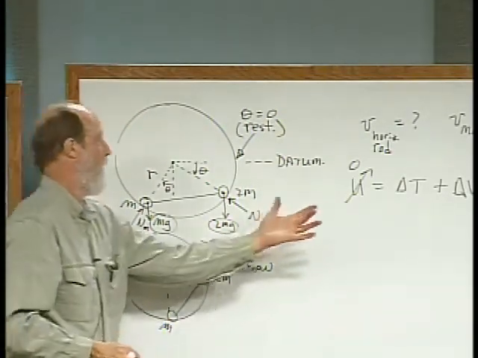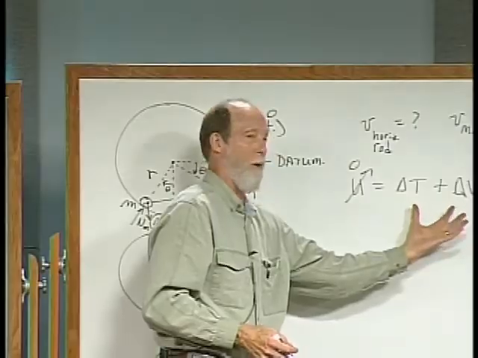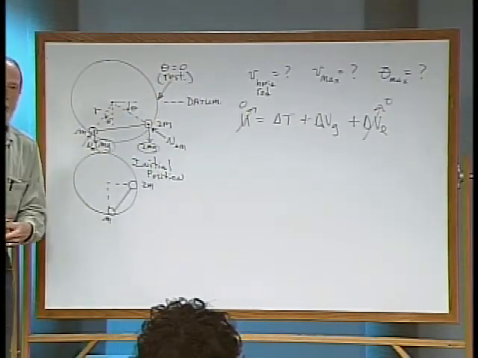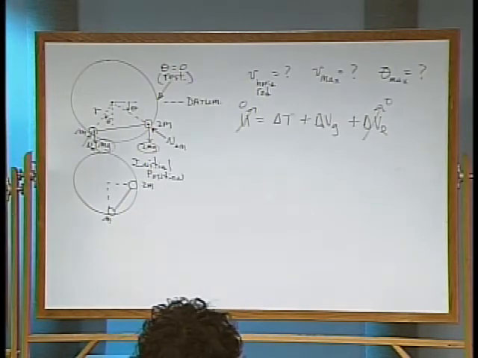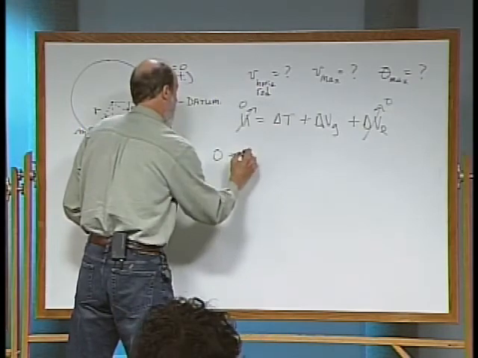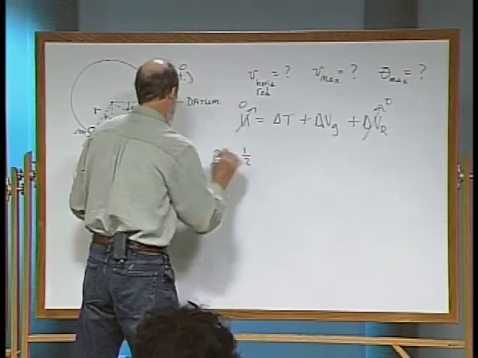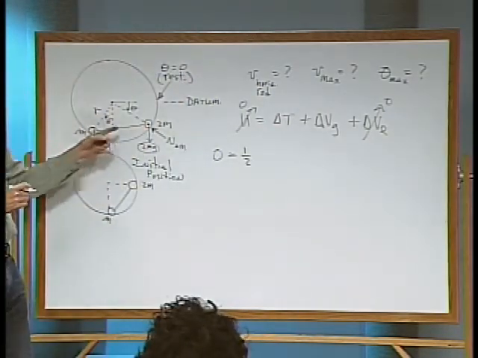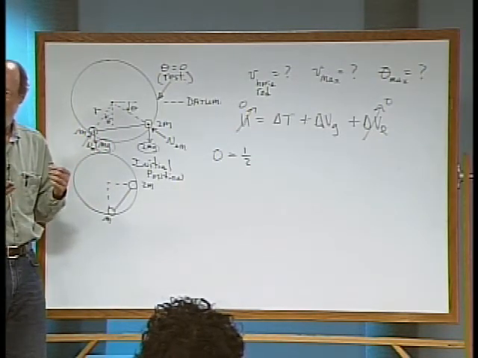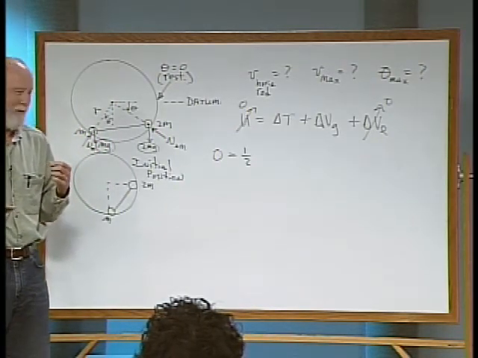And then we just have this balancing act between the change in kinetic energy and the change in gravitational potential as a function of theta. So 0 is equal to, remember, when you have multiple masses, each mass is carrying kinetic energy if they're in motion. So be sure you don't forget one of them.